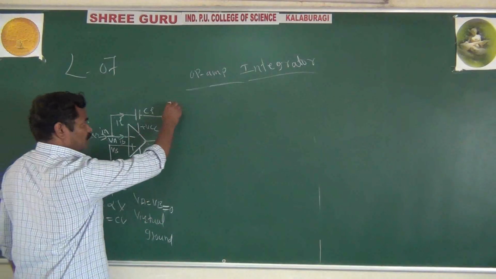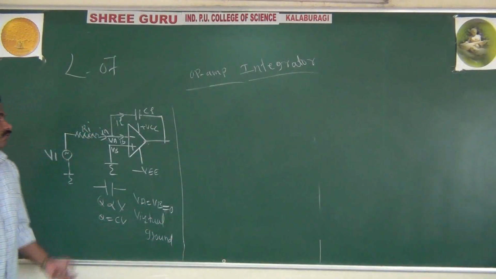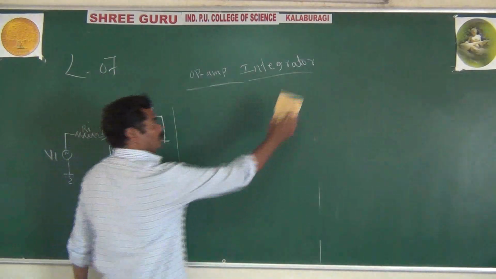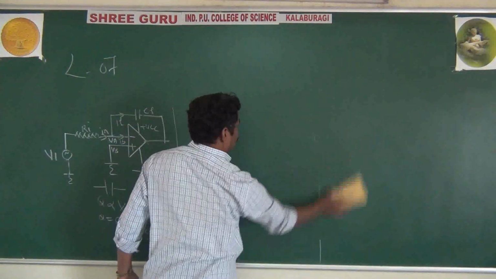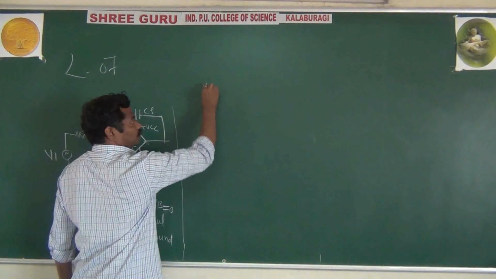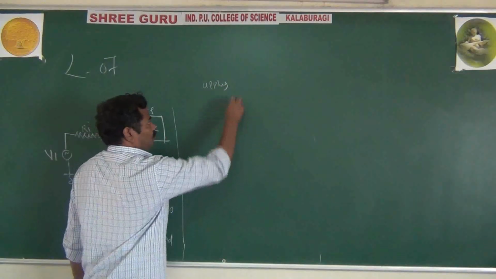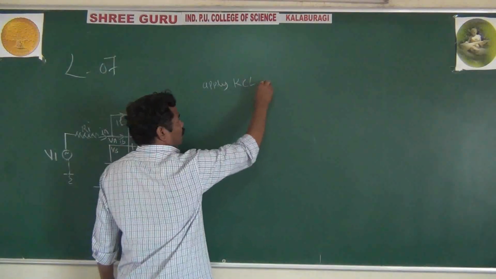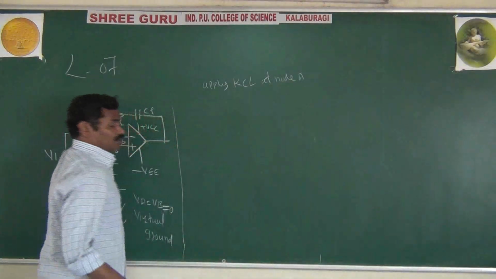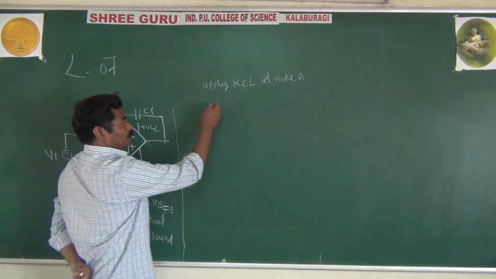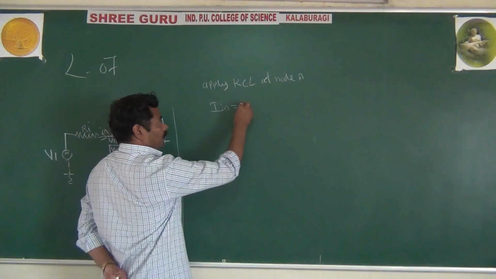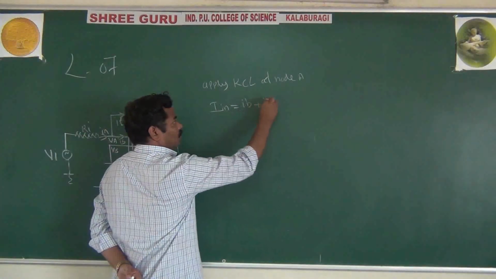As usual, you apply KCL for the input side, at node A. That becomes, as in your inverting and non-inverting amplifiers, the same relation: I in equal to IB plus IF.